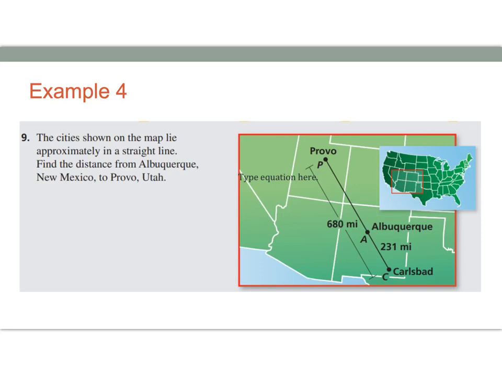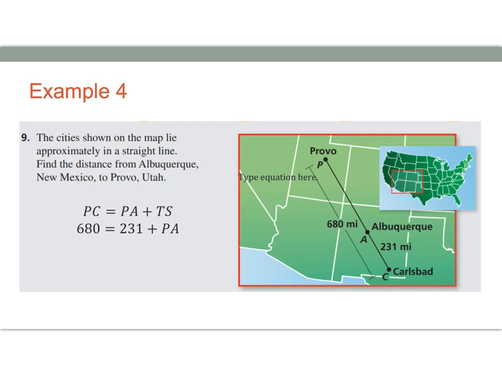If I were to go through and label these, Provo is point P, Albuquerque is point A, and we are given Carlsbad is point C. We only know the distance from Provo to Carlsbad and Albuquerque to Carlsbad. So in order to find the total distance from Provo to Albuquerque, we are going to have to use this segment addition postulate.